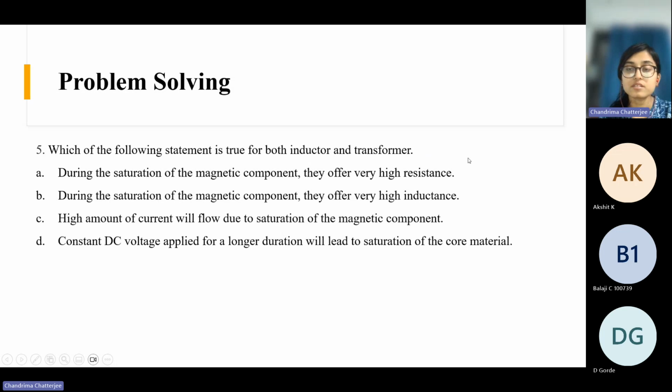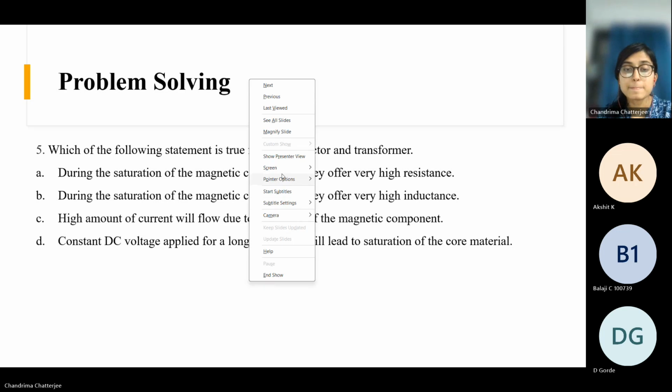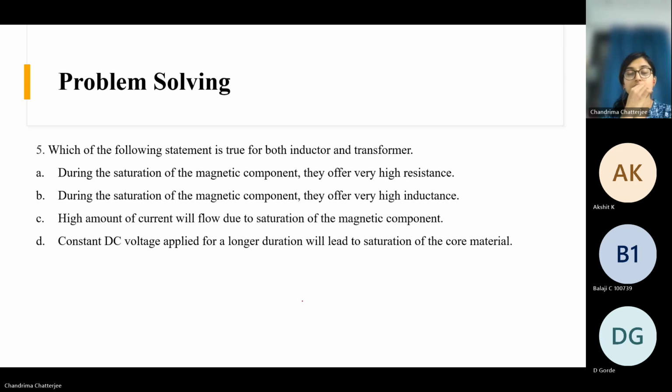So which of the following statements is true? You can tell me from these four options which are correct. First one is true, ma'am.